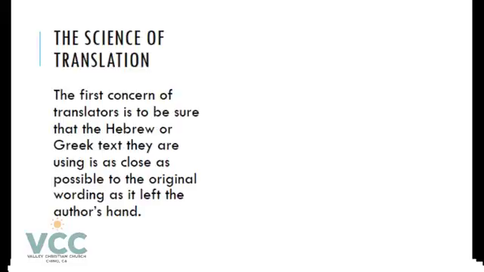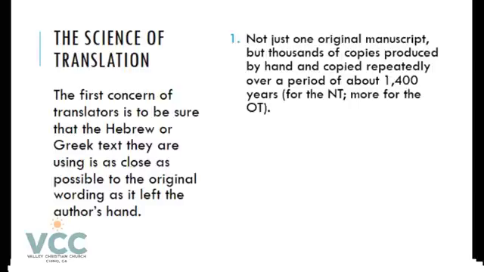But there are lots of problems in how we make that work. Not the least of which is that there is not a singular original manuscript. There are thousands of copies produced by hand and copied repeatedly over a period of about 1,400 years for the New Testament and a whole lot more for the Old Testament.